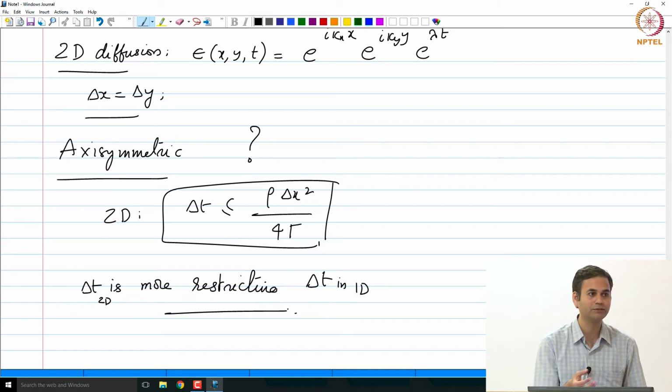Rather, we have to set up a simple problem and then see, and for other complicated problems we have to use our experience to judge what will be the corresponding delta t and things like that. But essentially you can use this in the context of splitting down a complex problem into diffusion, convection and so on, and then come up with several delta t's and then choose the delta t that is the smallest. Fine. Questions till now?